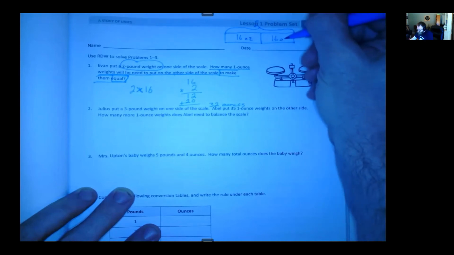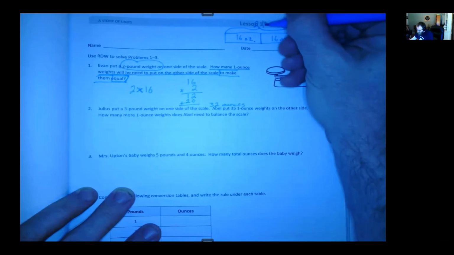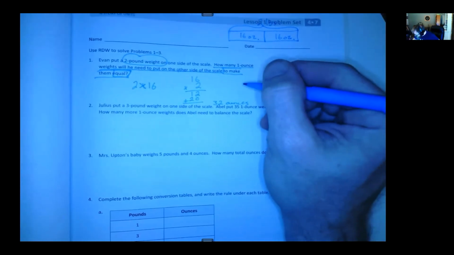The abbreviation for ounce is OZ. Abbreviation for pounds is LB. 2 pounds, 1 pound equals 16 ounces. 2 groups of 16 ounces makes 32 ounces. So he needs 32 1-ounce weights.